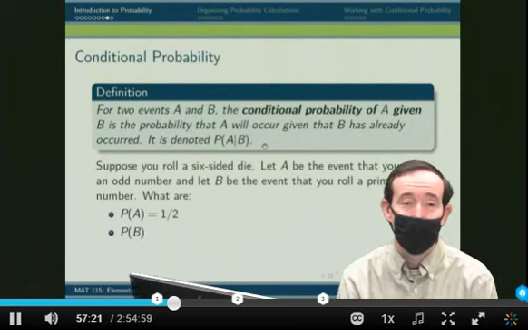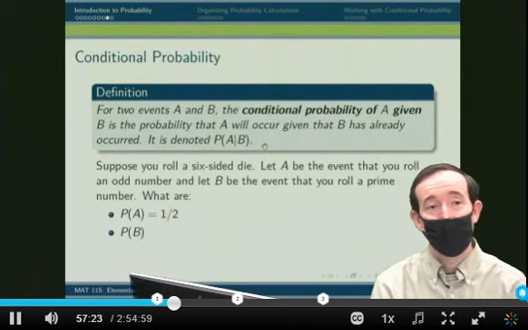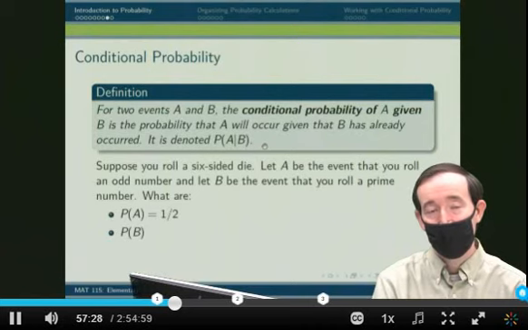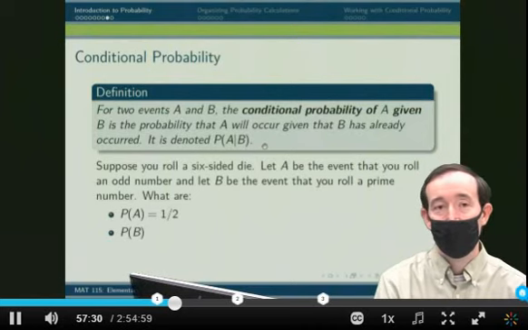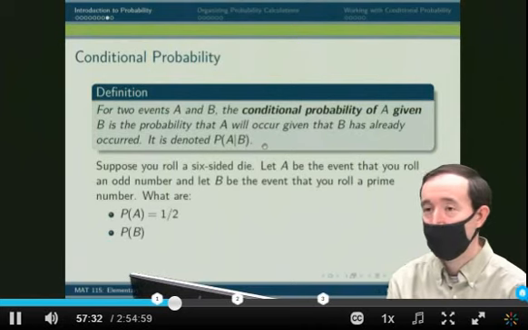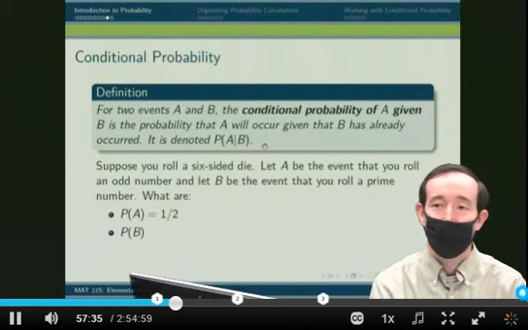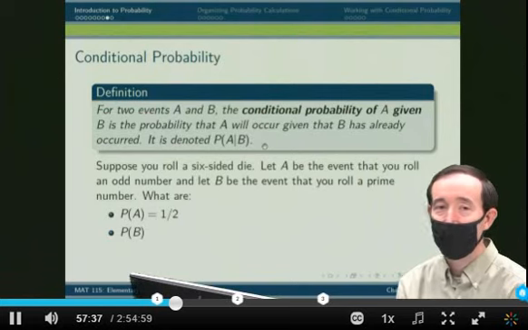All right. Maybe you remember this, maybe you don't, but if B is the event that you roll a prime number, what's the probability of B? Want to know which numbers between 1 and 6 are prime numbers?